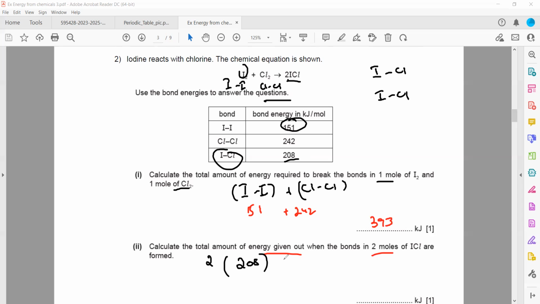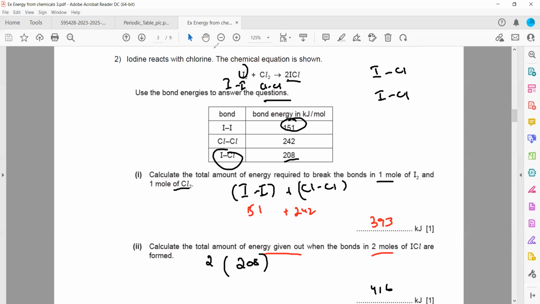So 2 multiplied by 208 equals 416. So 416 is the amount of energy released when these 2 bonds are formed. One is the bond breaking energy, the reactant side, and the product side is the bond forming energy.